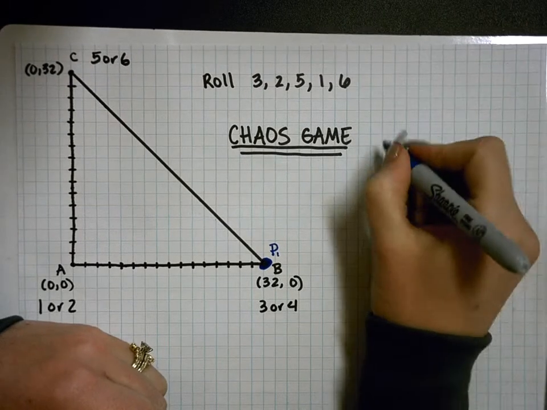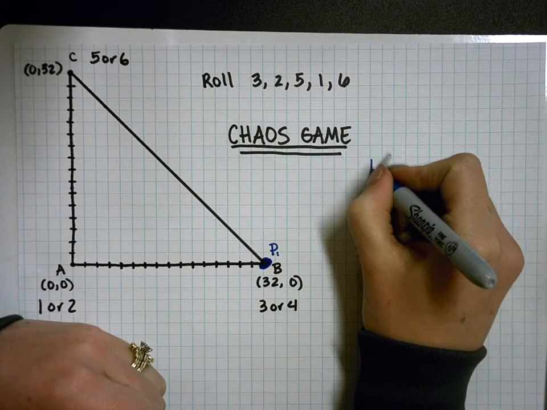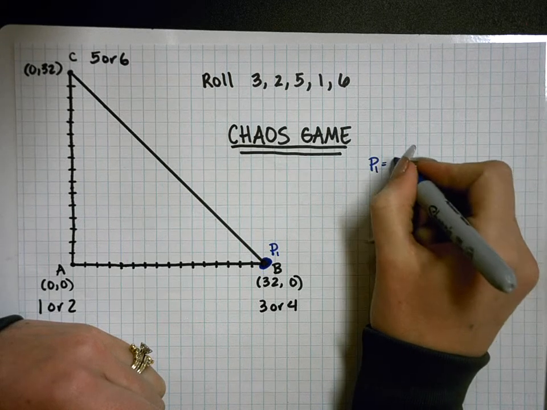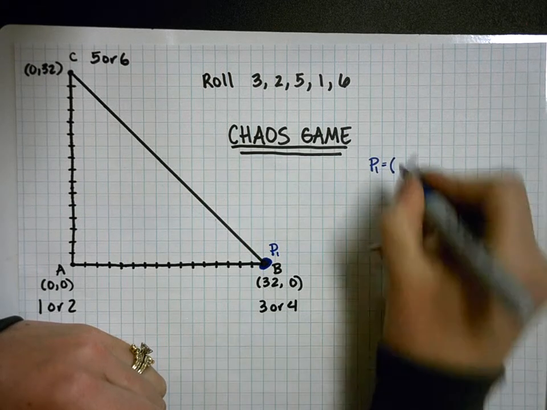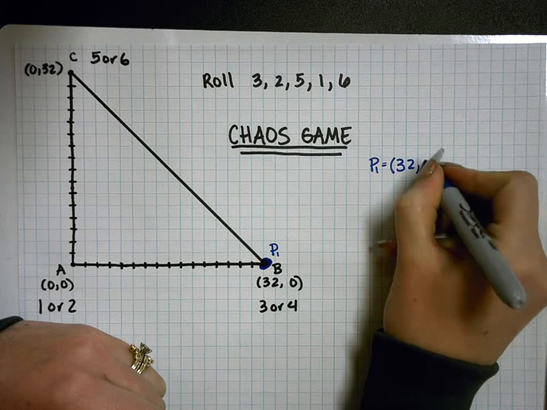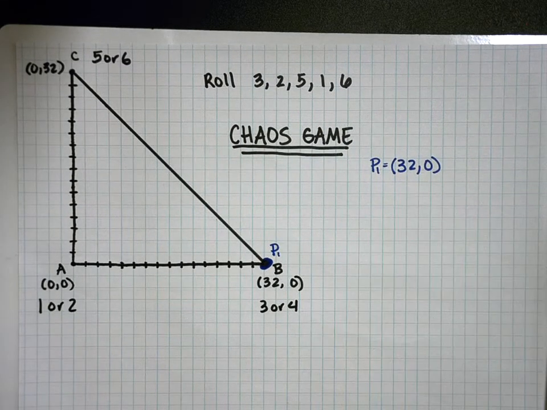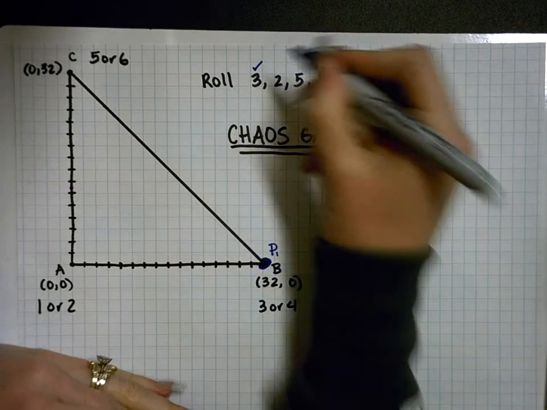Okay, so I'm going to label over here my point 1 is on the coordinate (32, 0). This is the X coordinate, this is the Y coordinate. Okay, good. So we are done with that one.